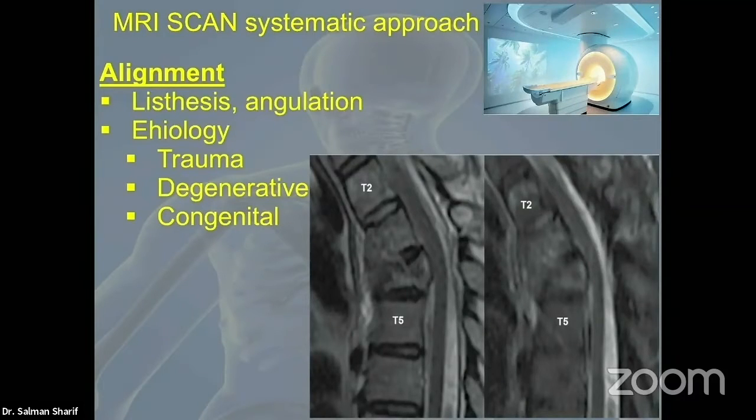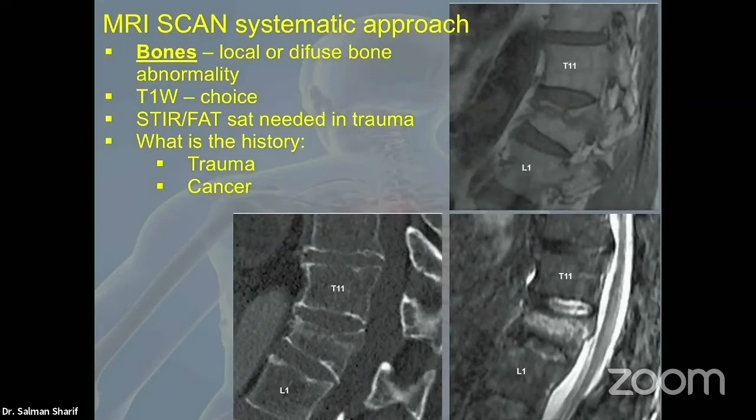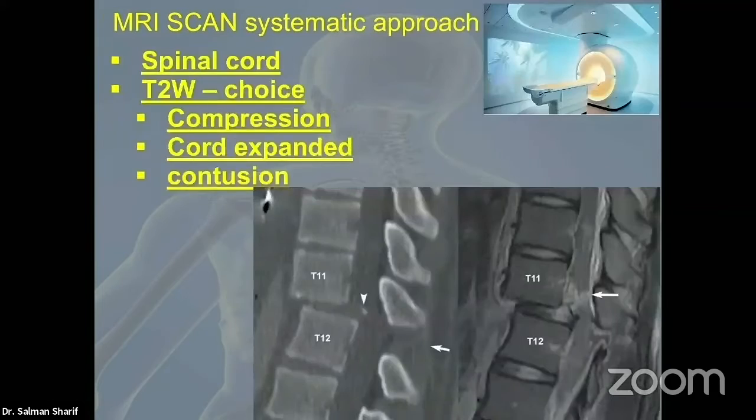A good example of an MRI scan shows a problem with the alignment and retropulsion of a fragment. Another good example of an MRI scan corresponds with the findings of a CT scan showing incomplete bursts. Here you have the STIR sequence showing the problem with the anterior ligament.